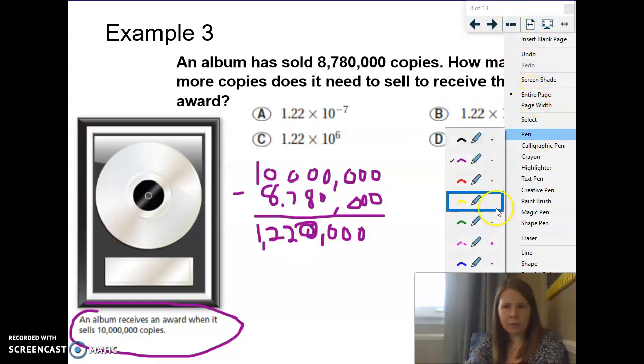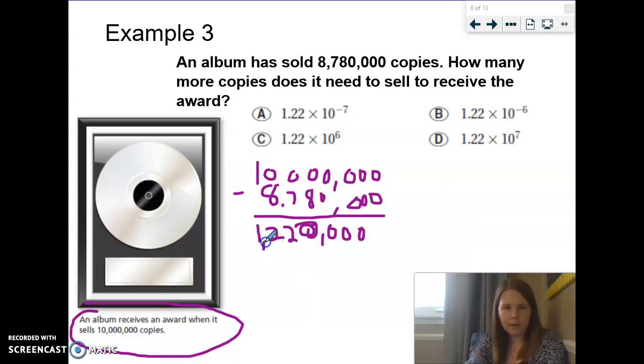So let me get a different pen. It's a little easier to see. Let's go green. Hopefully that's easy to see. I want to know then how many times from going from the original decimal all the way to here would it take? Or I could go backwards and go to the end. That's okay as well. So 1, 2, 3, 4, 5, 6.